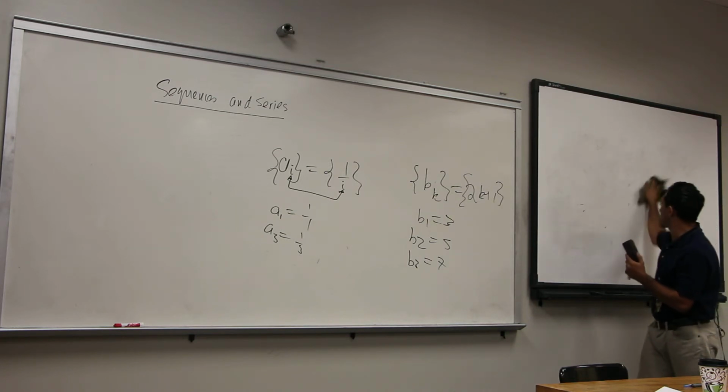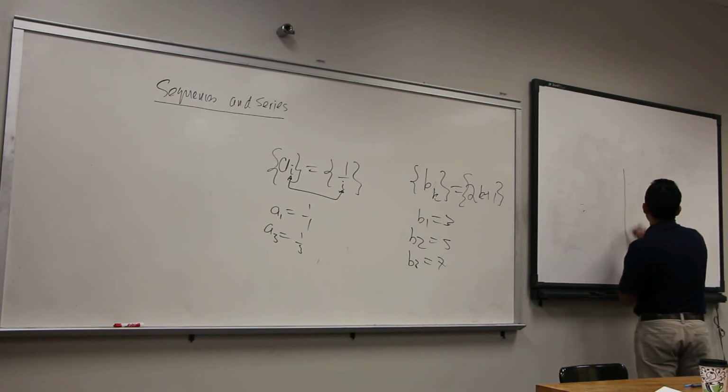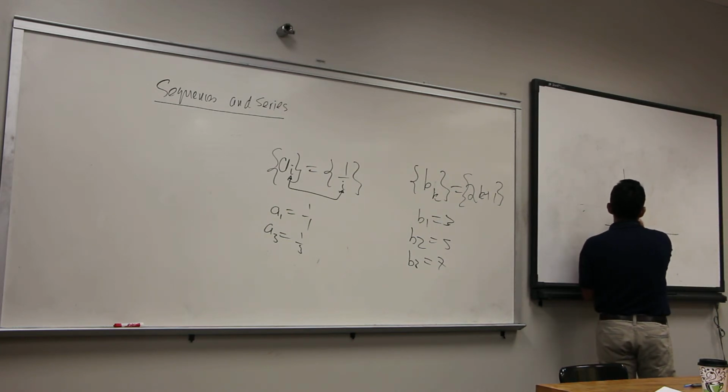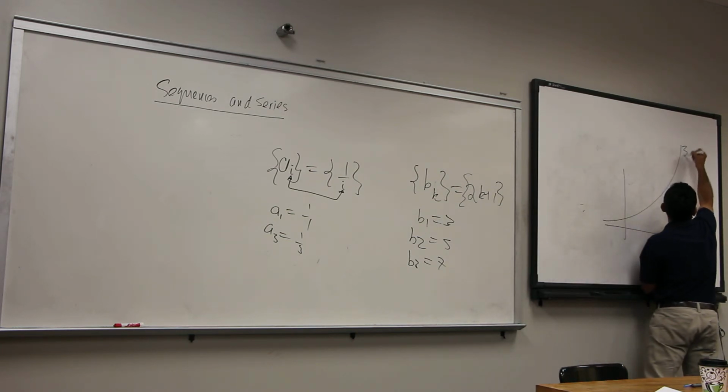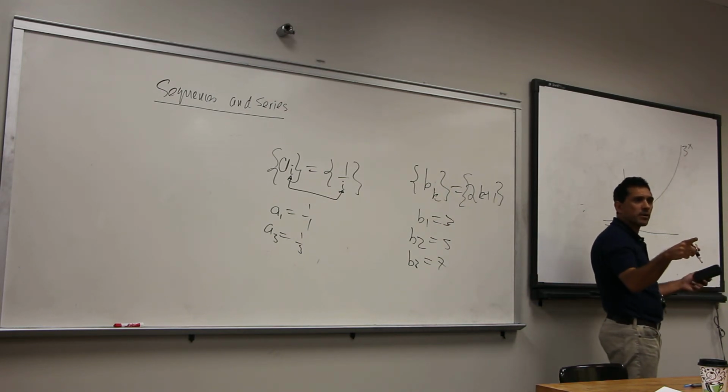Another nice function you would have learned in pre-calculus. x squared. Actually, that one you learned in college. 3 to the power x. You learned that one in pre-calculus. You don't remember exponential functions?